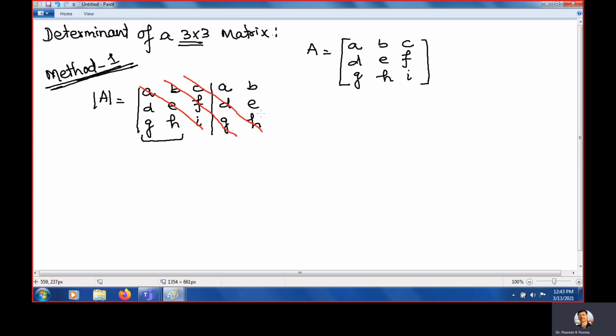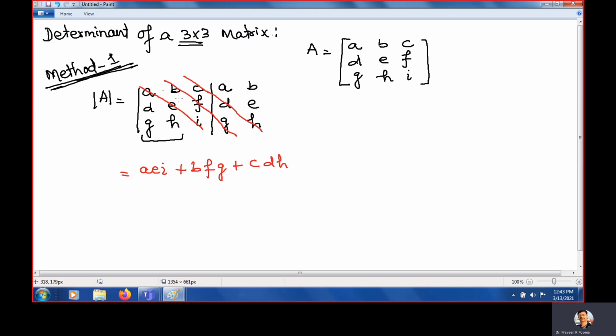These are the only three possible diagonals. The value of the first is A, E, I. Multiplication of A, E, I plus B, F, G plus C, D, H.